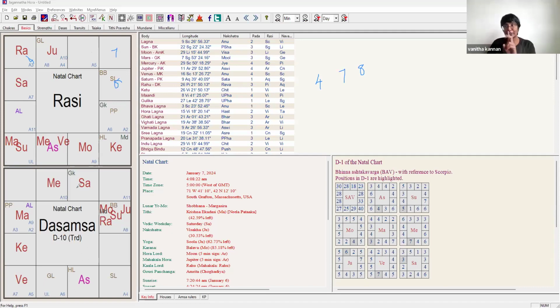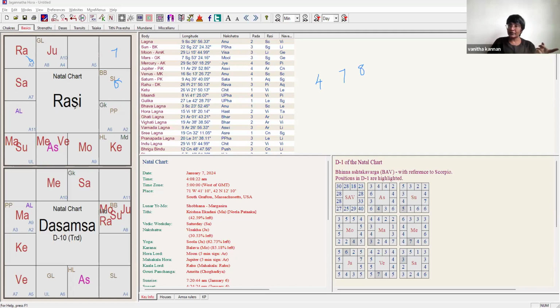Now, for simplicity of our example, I'm taking only the Lagna Grahas. What are the Lagna Grahas? Only Mercury and Venus. Is there any Graha aspecting the Lagna or not? For simplicity I'm taking only one house.